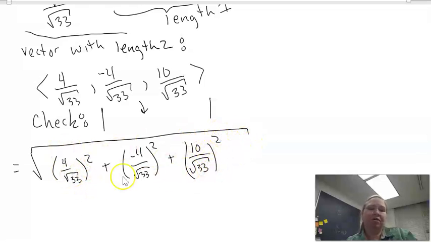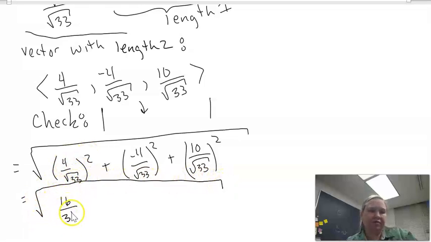All right, you should start looking ahead and saying, oh, that's going to be really nice. When I square the square root of 33, I'm just going to get 33. So I'm going to get 4 squared, that's 16 over 33. Negative 4 squared is also 16 over 33. 10 squared is 100 over 33.